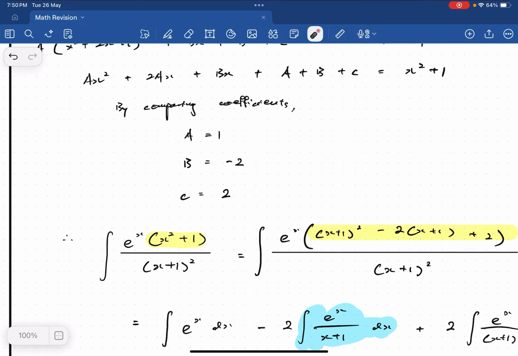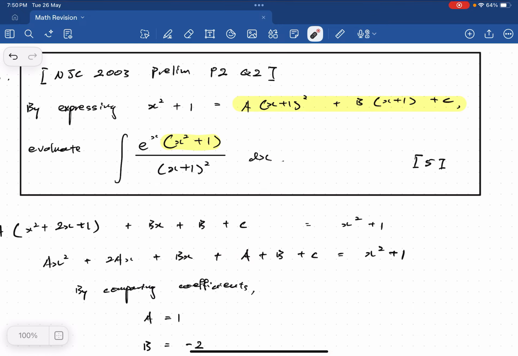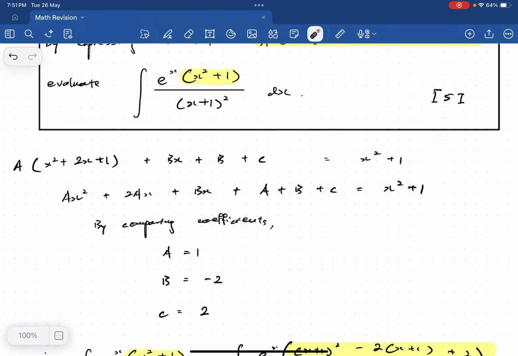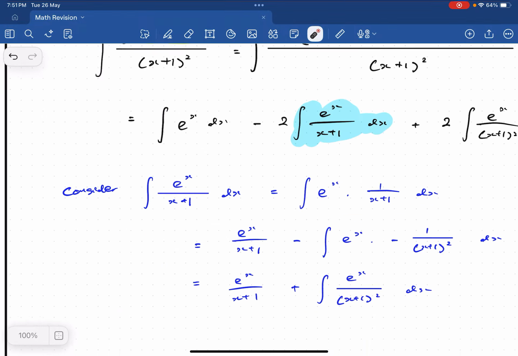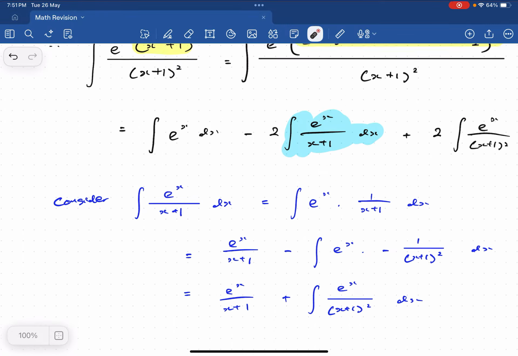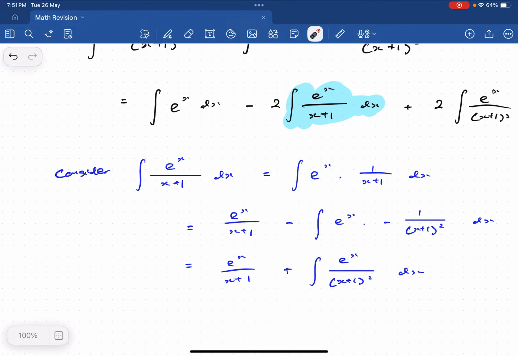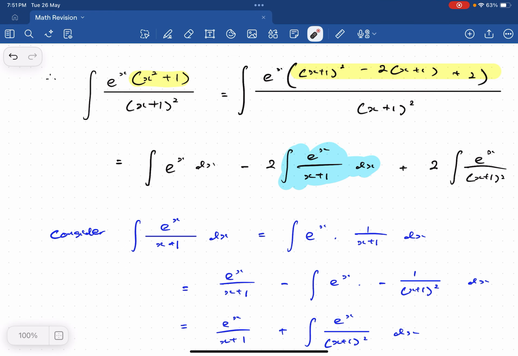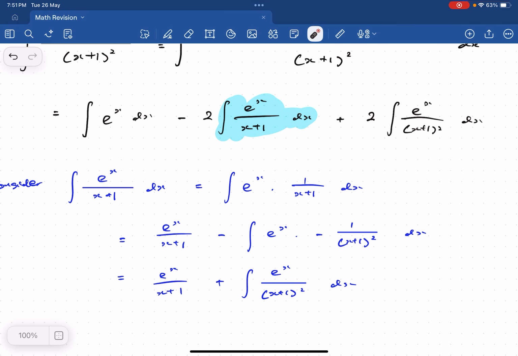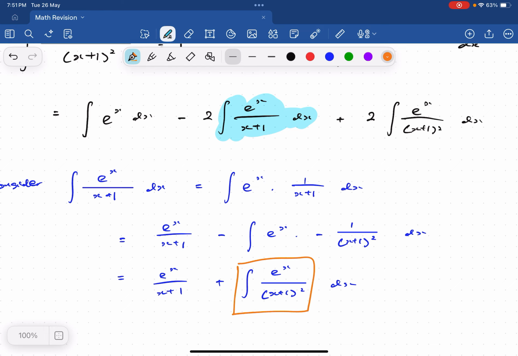Usually, if the marks are not too high, you only need to do one substitution or one integration by parts, you should not need to do more than one, within a 5-mark question, okay? So let's go back to this integral now, and you see that this thing over here, my e^x over (x plus 1) whole thing squared, is this particular integral, okay?